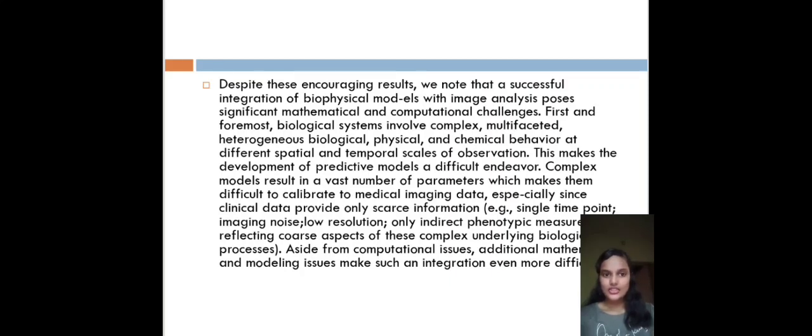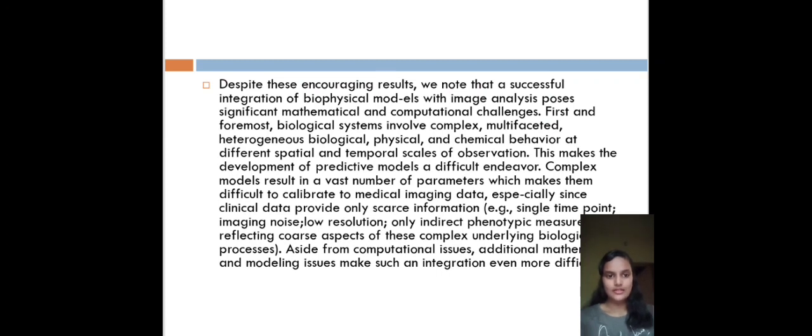Despite these encouraging results, we note that a successful integration of biophysical models with image analysis poses significant mathematical and computational challenges. First and foremost, biological systems involve complex, multifaceted, heterogeneous biological, physical, and chemical behavior at different spatial and temporal scales of observation. This makes the development of predictive models a difficult endeavor.